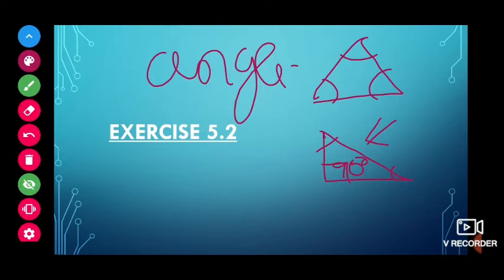And one more is the obtuse angle triangle, where one angle is more than 90 degrees, an obtuse angle, and the other two angles are acute. Acute angle triangle, right angle triangle, obtuse angle triangle. These are the different types of triangles. This is for your knowledge.